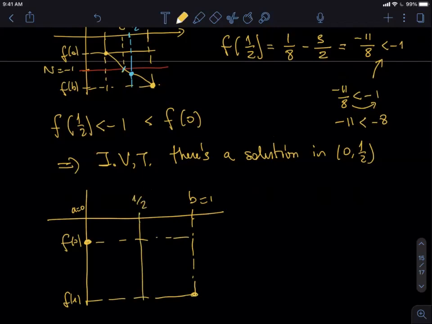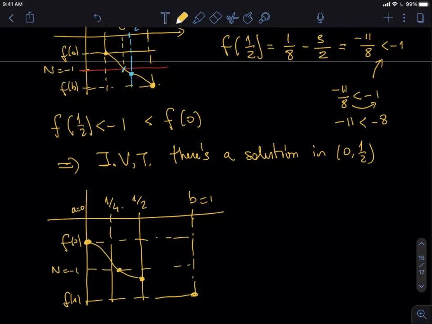And we can split it again and see what happens. Here we found that this was negative. So if this was N equal -1 here, there was some point where the function would cross.